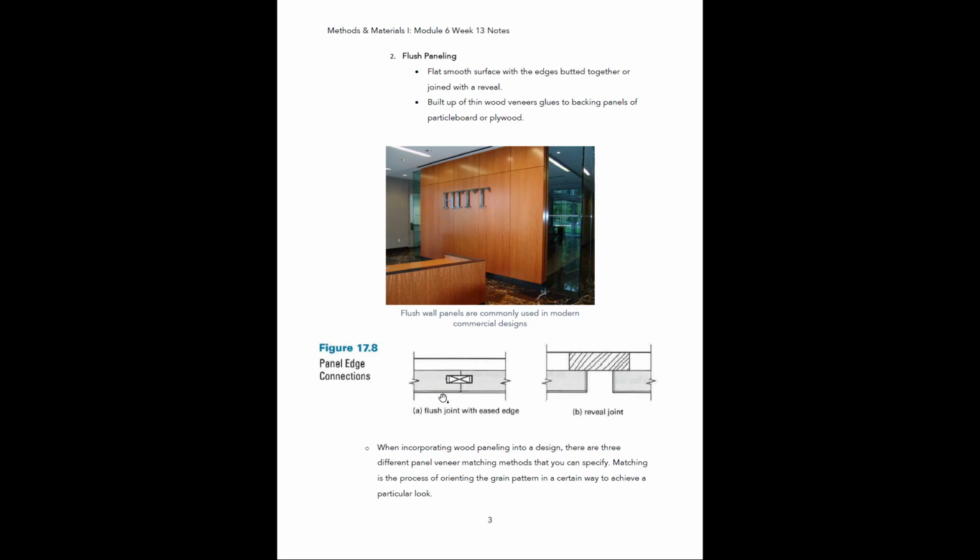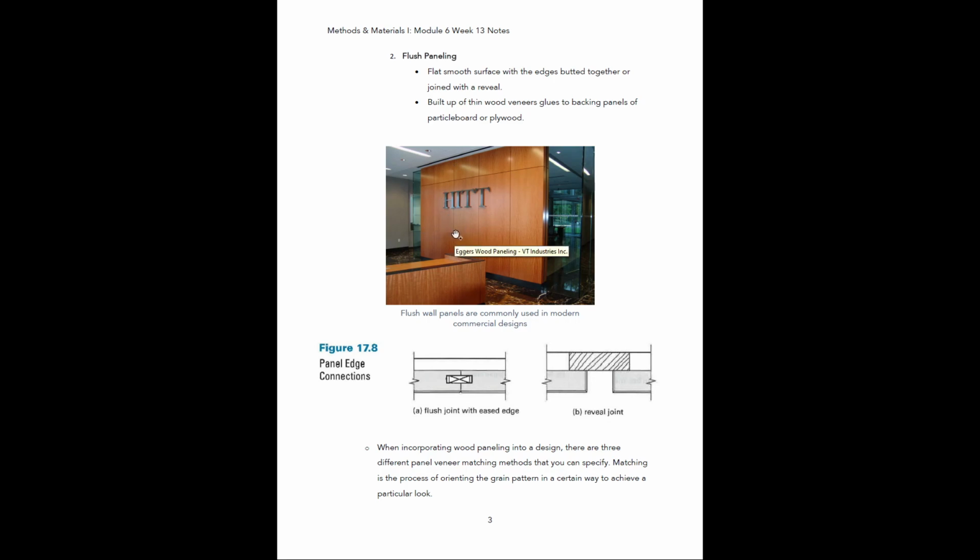Okay, so these are the two ways that you're going to run into whenever you're specifying these to be installed, if you ever use them down the road. But basically, as we learned last week, a lot of times to save money, you can use veneers on projects so that you're not using a full solid piece of wood, which could be really expensive, especially if it's an exotic or unique wood species that is meant to look fancy.